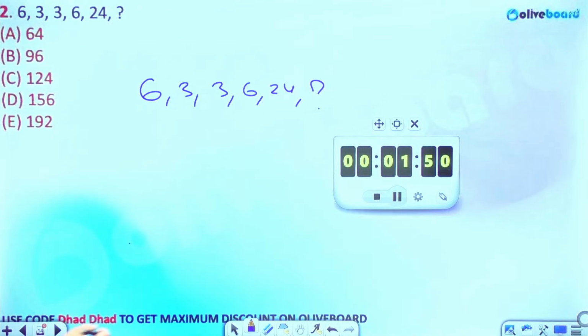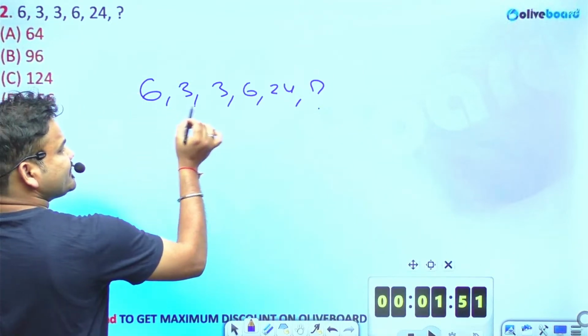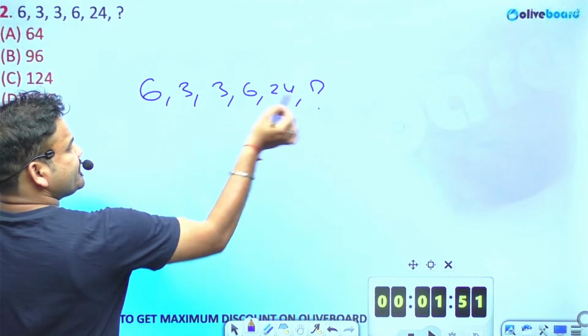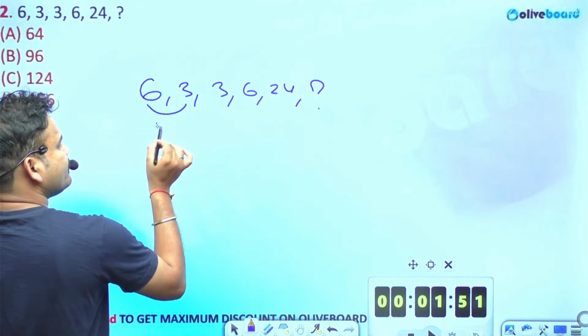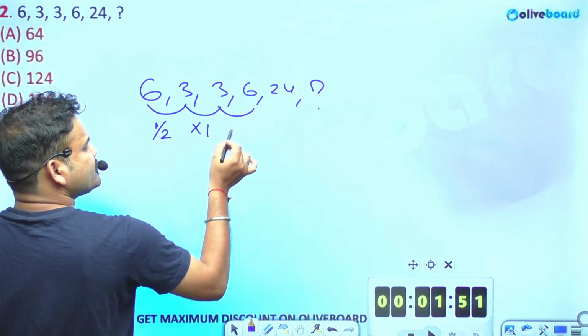Okay, so look at the series. The series is decreasing, then it's increasing. So this is a multiple of 6. Fine. So this is 6 into half. Fine. Times 3 into 3. Then comes multiply by 2.